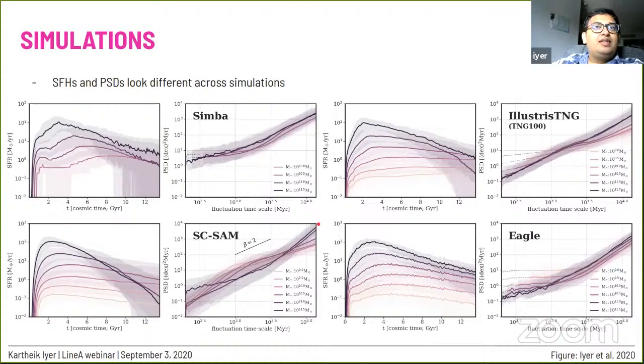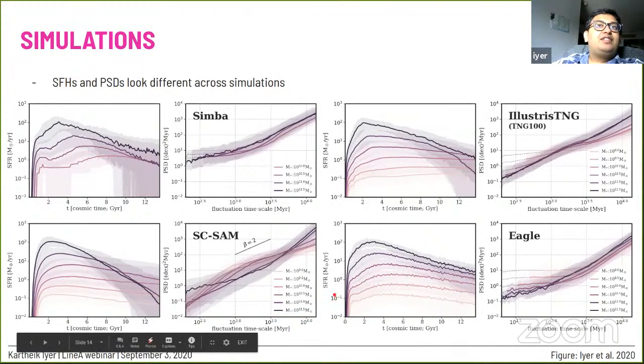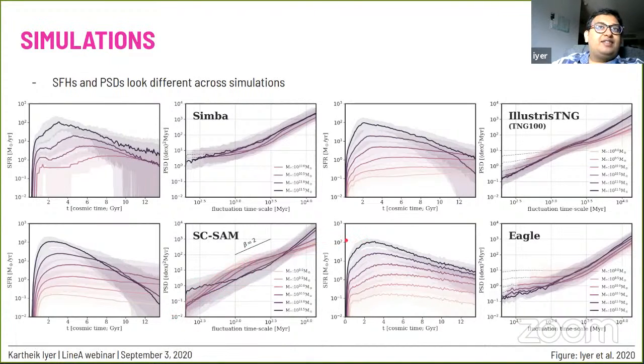So the one thing you might notice is that while the star formation history plots look quite similar in overall trends, everything rises and falls, and the rising and falling grows sharper with increasing stellar mass, the features in PSD space, in terms of what the overall power is, what the trends are with stellar mass, and what the overall slope is, are all quite different.